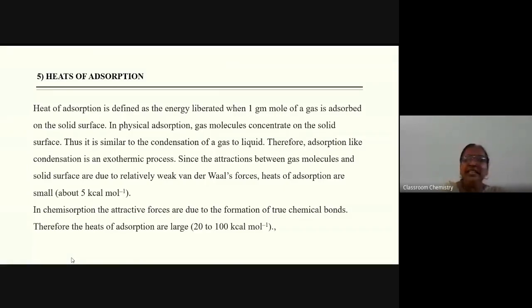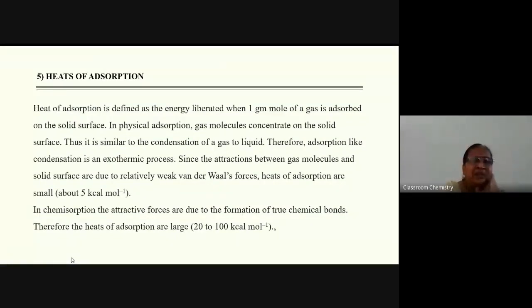Heat of adsorption is defined as heat evolved when 1 gram mole of the adsorbate is adsorbed on the solid surface. In physical adsorption, gas molecules concentrate on the solid surface. That is, it is the condensation of the gas on the solid, or condensation of gas on the surface of the liquid.